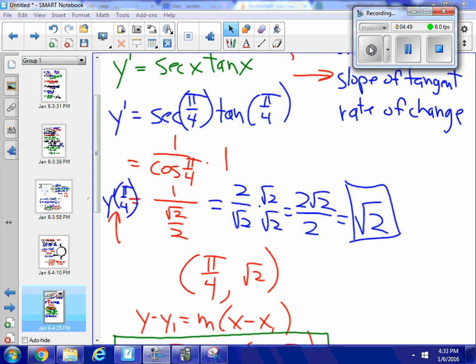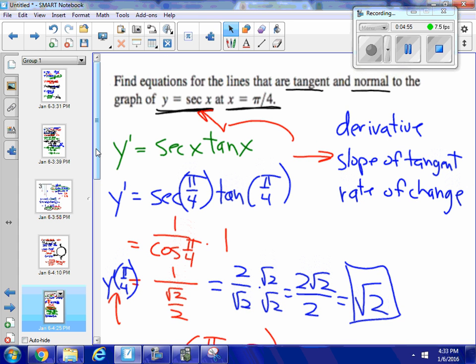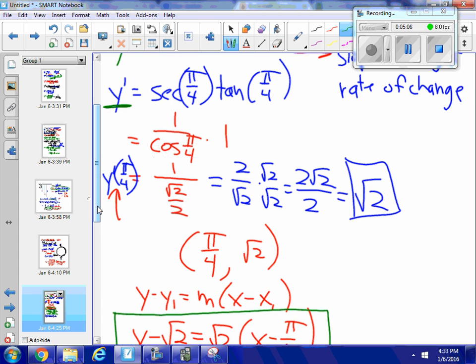Now, before I go on, I think I should stop and go back and clarify something. We were calculating the equation of the tangent at pi over 4, and we found that the slope was equal to radical 2.